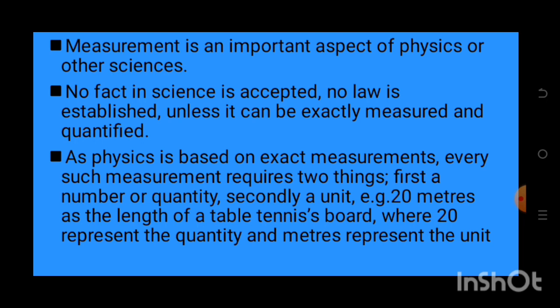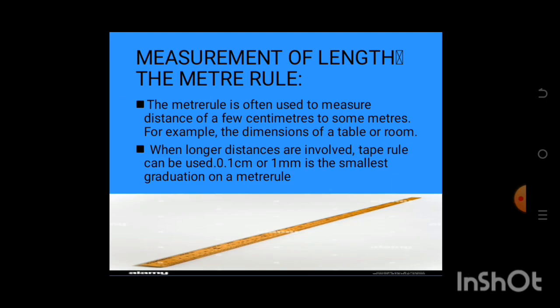So in physics, the exact measurement unit of a value determines whether it's a physical quantity or not. For example, when we see 20 and we see meter, then the meter suggests that the physical quantity in context is length, where 20 represents the quantity and meter represents the unit.